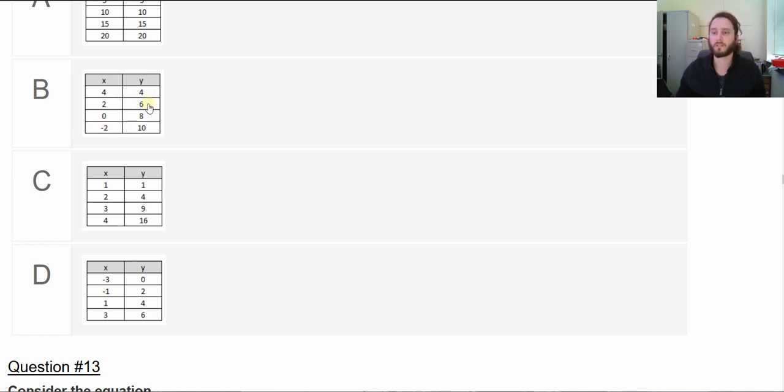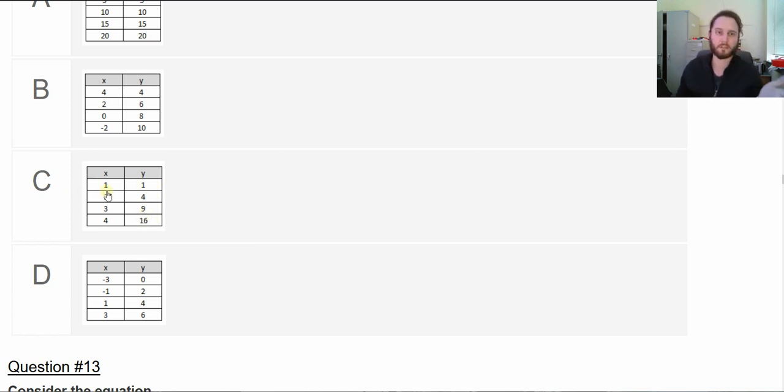B is 4, 6, 8, 10. It's not following the same exact pattern, but it is following a pattern on both sides, and that's all we care about. There needs to be a pattern on both sides of the equation. There should be a constant change. For this one, 1, 2, 3, 4, okay? And on the right side, 1, 4, 9, 16.